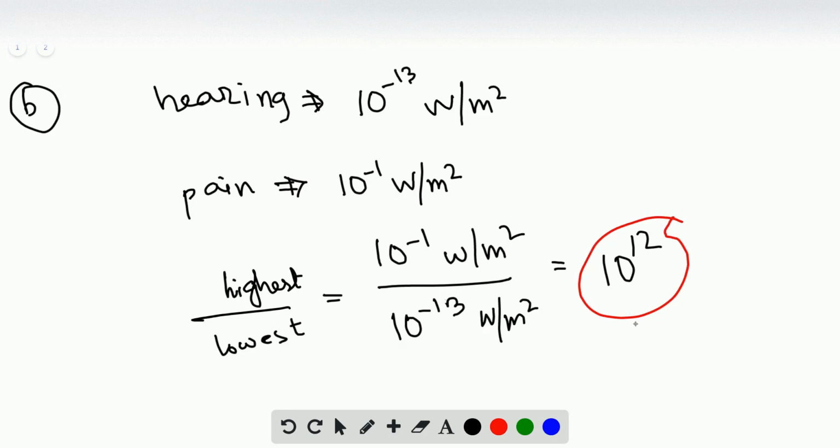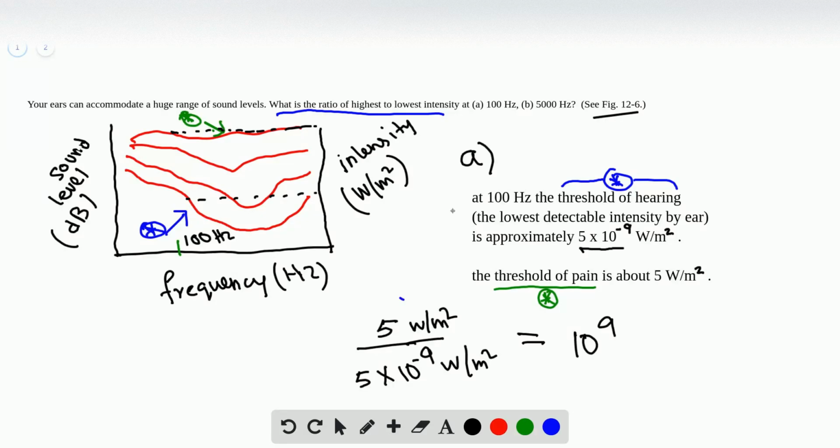So that is at 5000 hertz, and this guy right here is at 100 hertz.